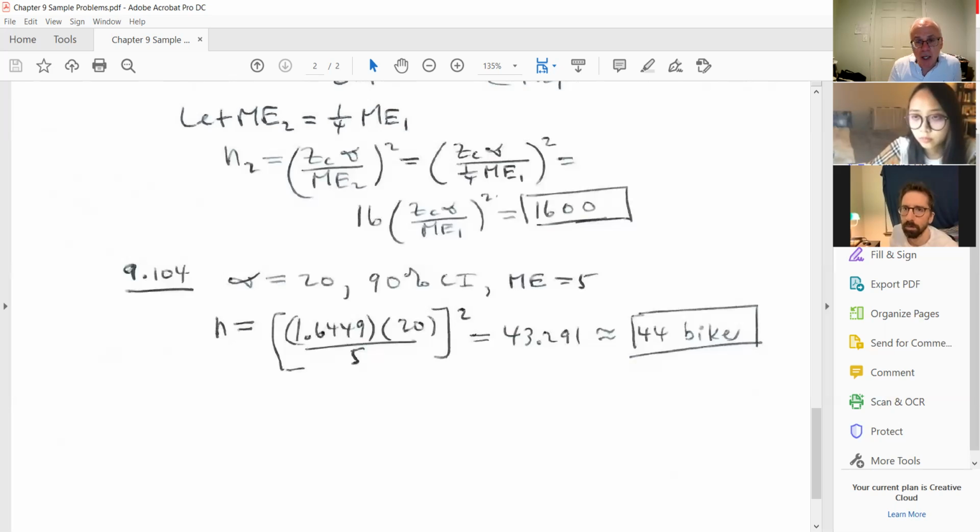Instead of looking at one mean and estimating it, we're interested in the difference of means between two groups of people, males and females, for example, or two manufacturers, like in this problem here. So you can estimate differences in means too, or differences in proportions.